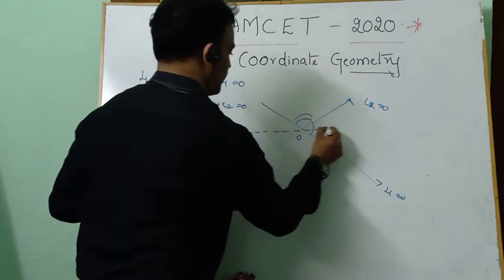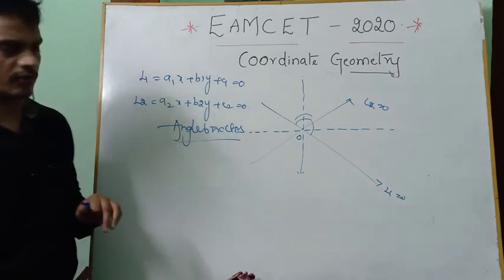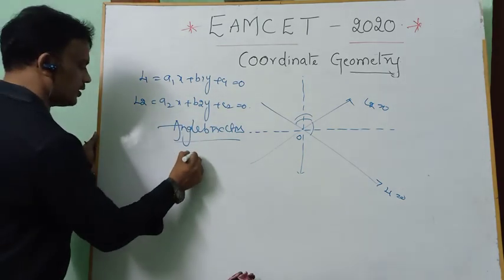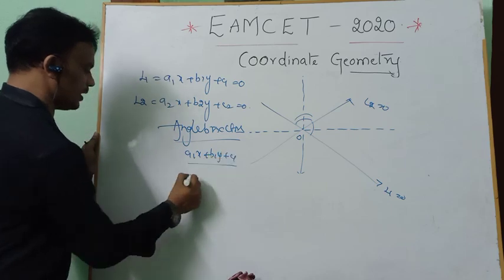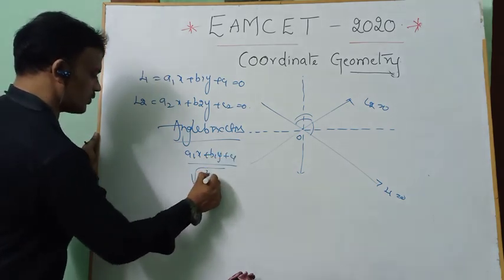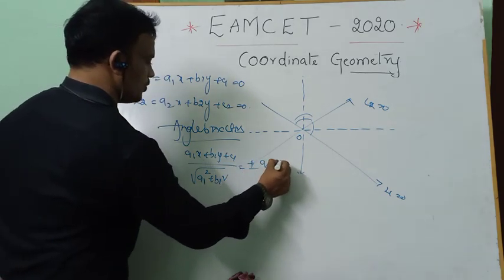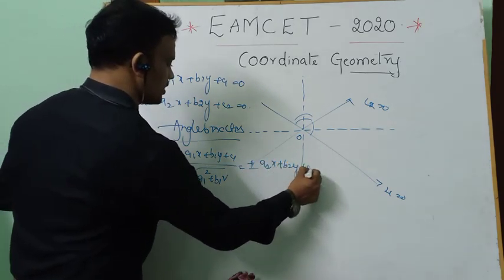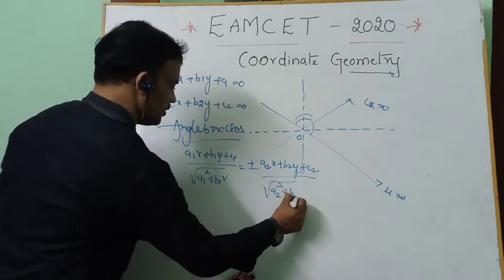Now we are going to find the angle bisectors. I think we already have a standard formula: (a1x plus b1y plus c1) by root of (a1 square plus b1 square) is equal to plus or minus (a2x plus b2y plus c2) by root of (a2 square plus b2 square).